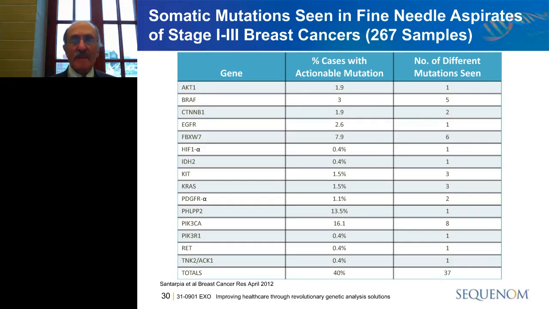Now, what's amazing is that every one of these mutations is clinically actionable. So for this lucky 40% of breast cancer patients that have one or more of these mutations, it's possible to choose an optimal therapy.